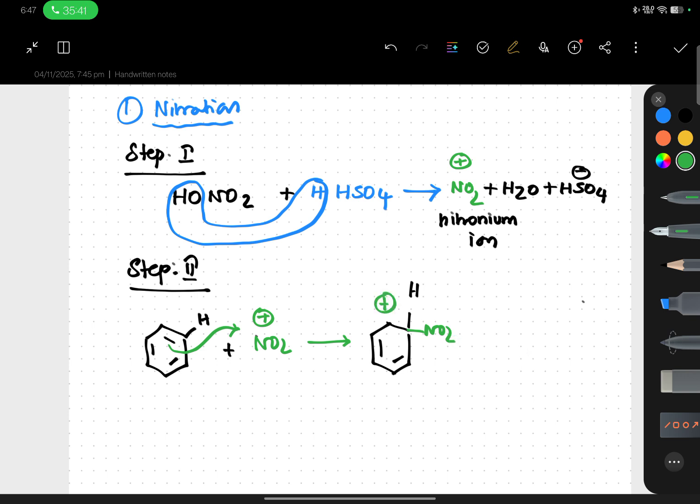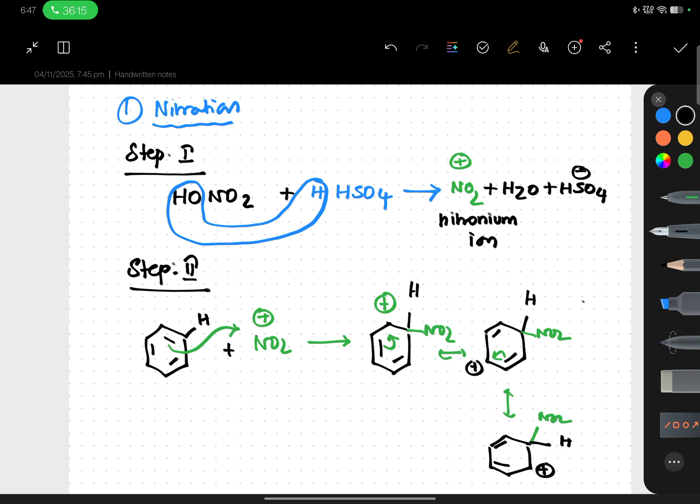So this positive charge will not be quiet. It will be moving, and it gives you a structure like this. So this ion is called the arenium ion.